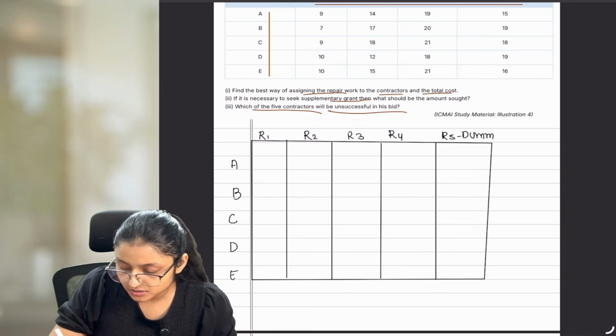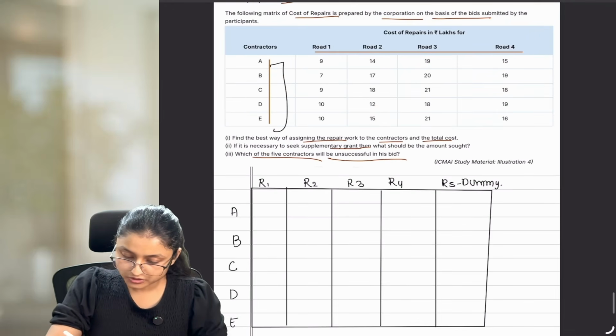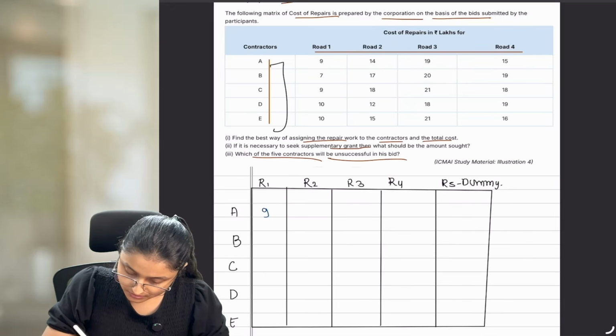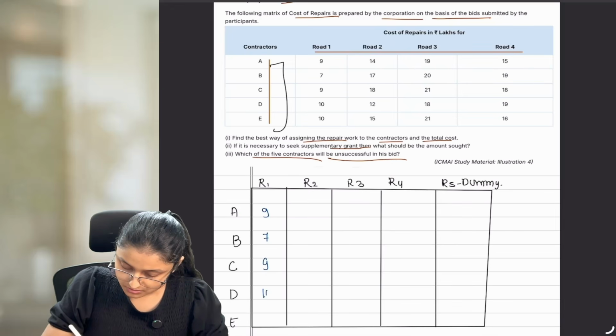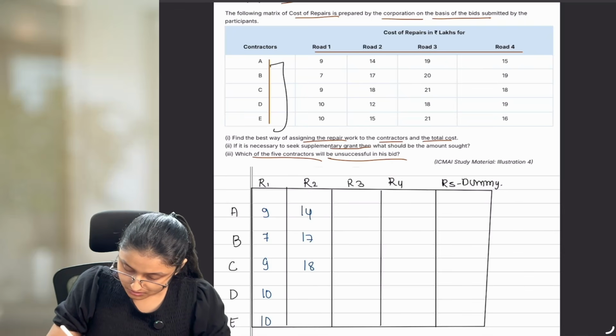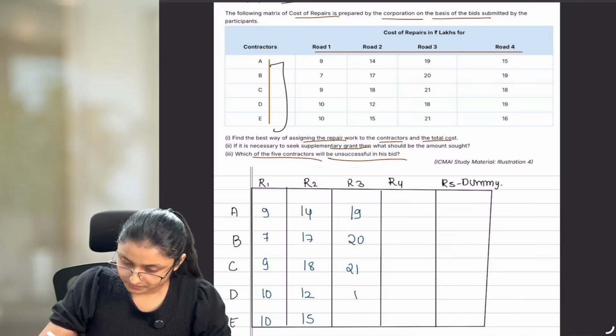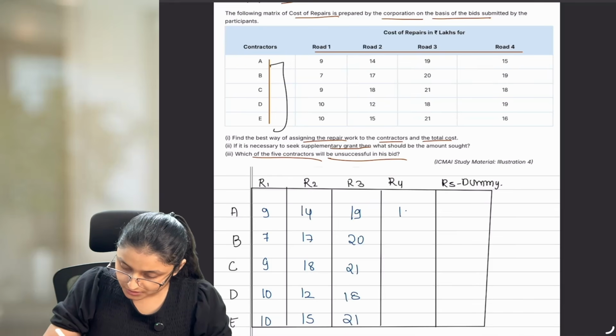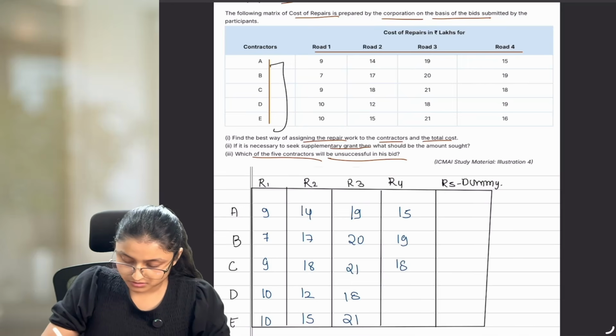We are making a dummy so that the number of rows and number of columns can be equal. Now 9, 7, 9, 10, 10, 14, 17, 18, 12, 15, 19, 20, 21, 18 and 21. Then 15, 19, 18, 19, 16 and last will be 0.